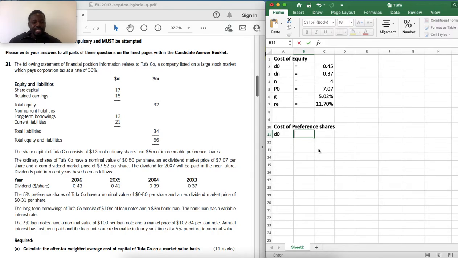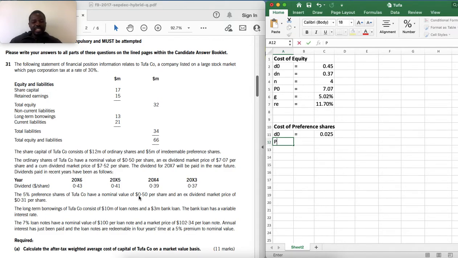So our D0 here will be equal to the dividend, as this is 5% preference shares. So the dividend will be 5% of the nominal value. So we'll say equals 5% multiplied by the nominal value of a preference share here, which is 0.50, which is 50 cents. So that is the dividend there.